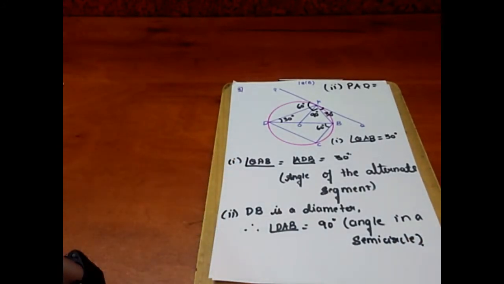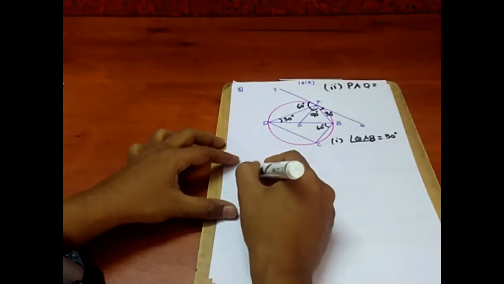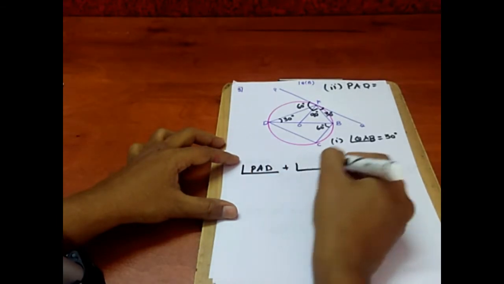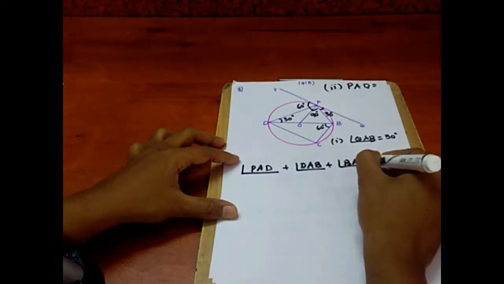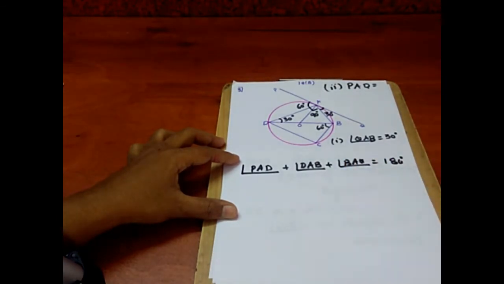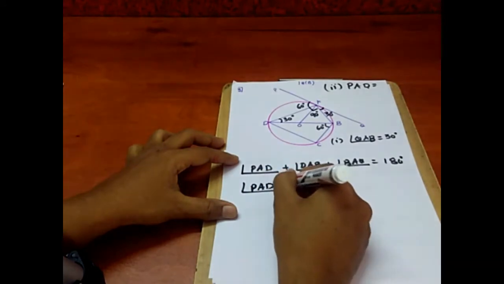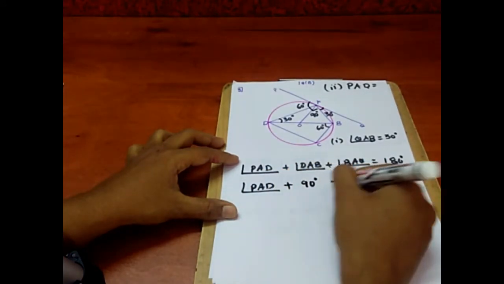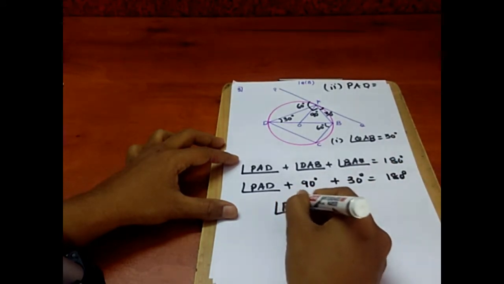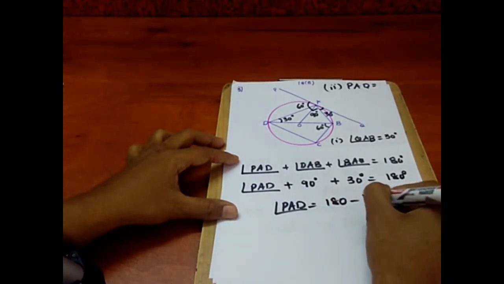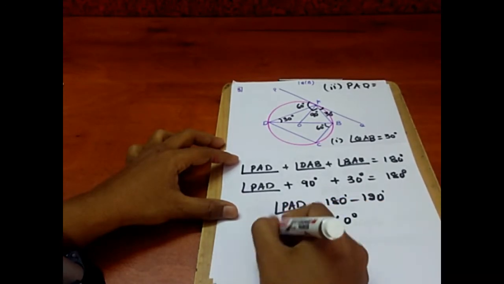Now, let us consider angle PAD plus angle DAB plus angle BAQ is equal to 180 degrees. So angle PAD keep as it is, DAB is 90 degrees, BAQ is 30 degrees. So angle PAD is equal to 180 minus 120 degrees. So angle PAD is equal to 60 degrees.